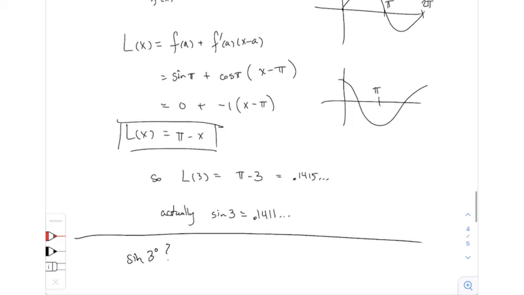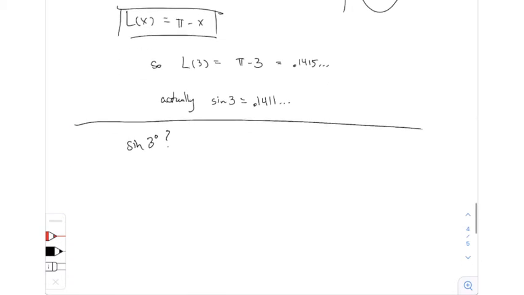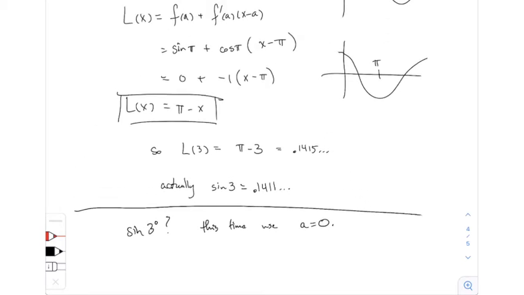But if you're using degrees, the only sensible thing to use this time is A equals 0, right? Because 3 degrees is very close to 0 degrees as far as the function goes, whereas 3 radians is not really close to 0 radians. 3 radians on this graph is over here, close to the pi.